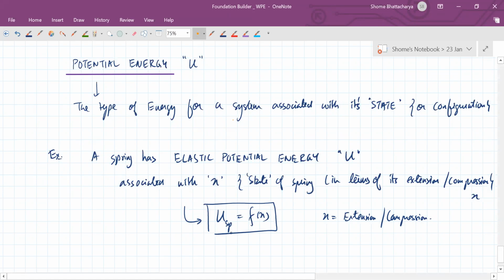Now, as we will go along, we can see that kinetic energy can be interchanged with potential energy. During any change in a system, potential energy could convert to kinetic energy, or kinetic energy could convert to potential energy. And the work done by external forces could contribute to the change in potential energy.